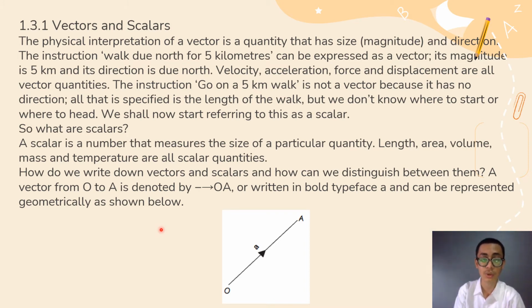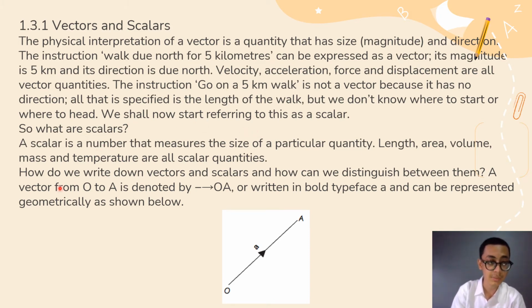The instruction go on a 5 km walk is not a vector because it has no direction. All that is specified is the length of the walk, but we don't know where to start or where to end. We shall now start referring to this as a scalar.